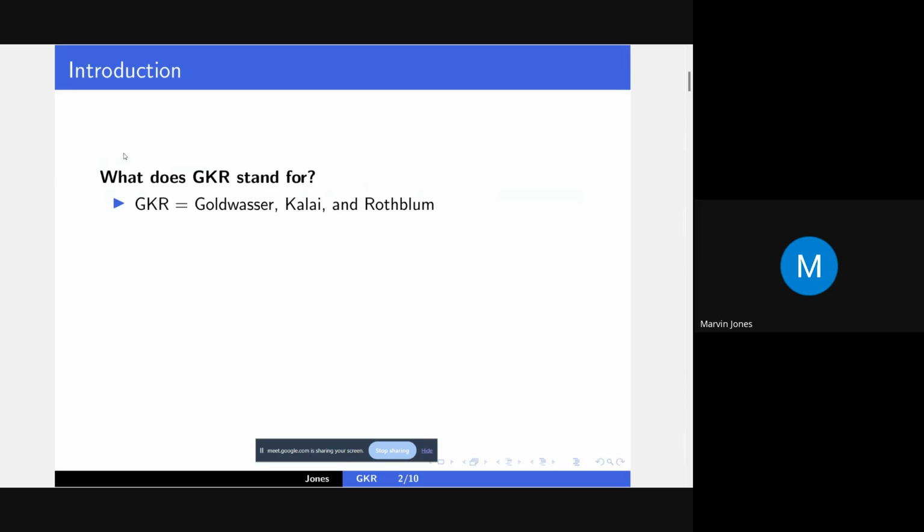So the first question though is, okay, what is GKR? What does it stand for? And unlike something like Plonk that has a very strange meaning to the letters, GKR just stands for the authors' names. So nothing too strange.